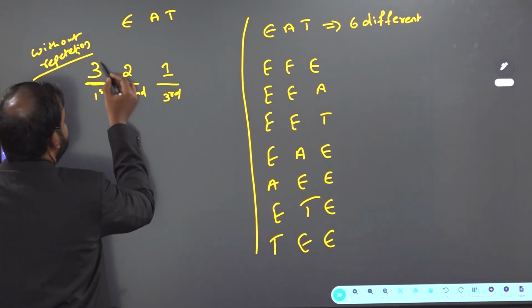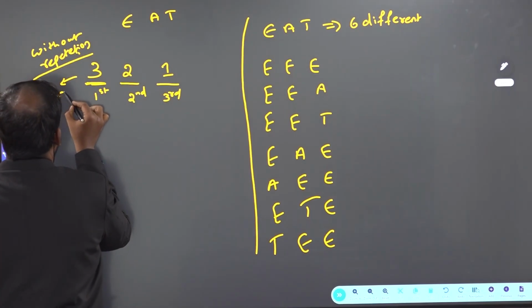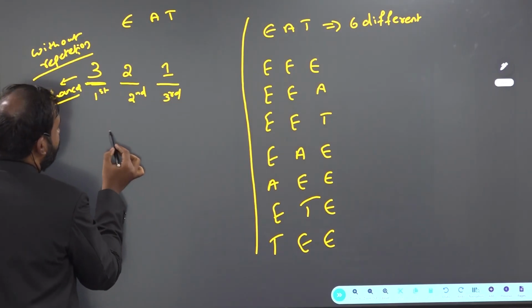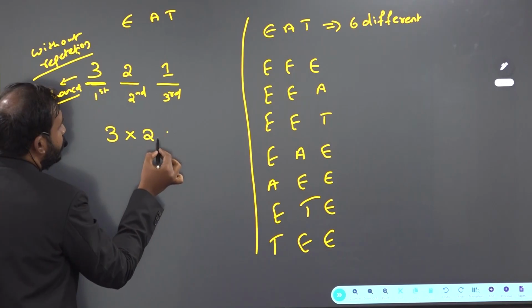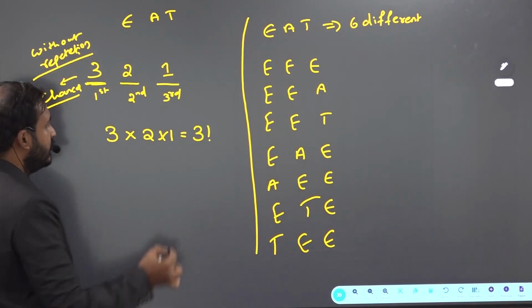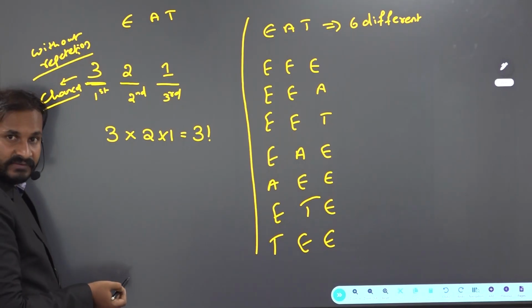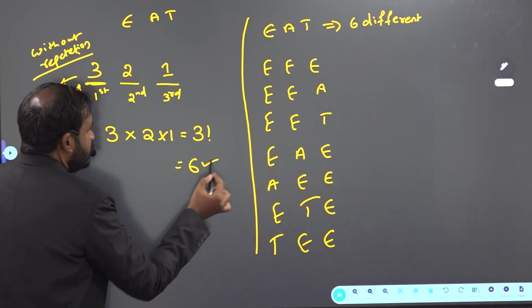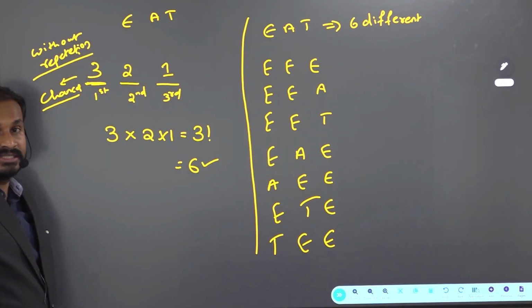So these are the chances, students: 3 chances, 2 chances, 1 chance. The total number of ways means 3 into 2 into 1, which we can also write as 3 factorial. 3 into 2 into 1 becomes 6. So in total it can be written in 6 different ways.